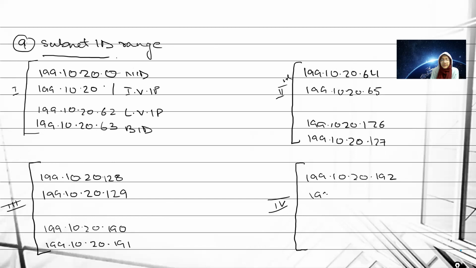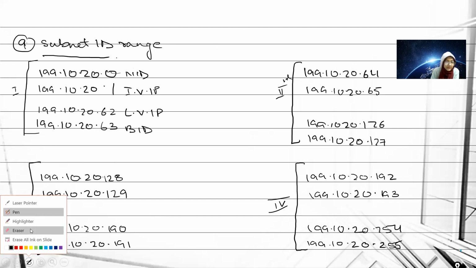We'll label it. 199.10.20.193, one added. 199.10.20.255, our BID. 199.10.20.254, our last valid. Let's label them now.